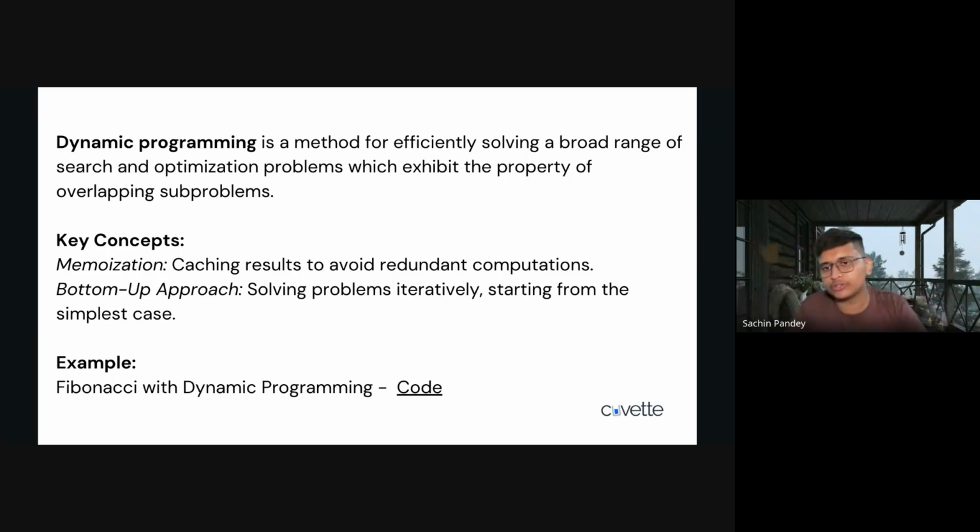So it is used for eliminating the overlapping subproblems and breaking the problem into smaller parts. That is obviously recursion. Breaking the problem into smaller parts and eliminating the overlapping subproblems so that the algorithm becomes more efficient. That is the work of dynamic programming.